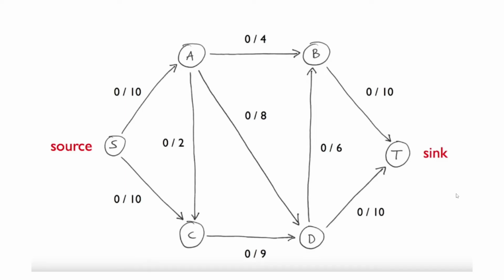Let's go over a quick example. This is an example of a flow problem. We denote the top number as X and the bottom number as Y. X indicates the amount of used capacity, and Y indicates the max capacity. Of course, S is the starting node, which is the source, and T is the destination, or the sink.